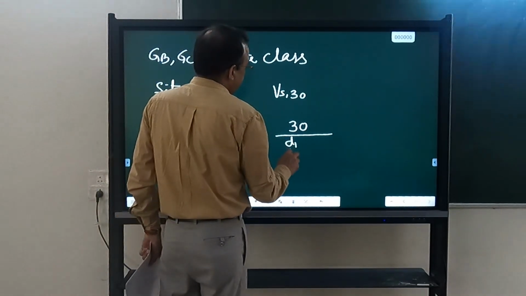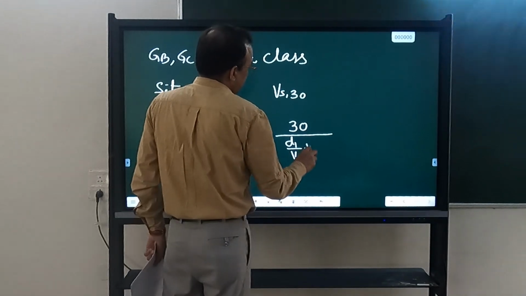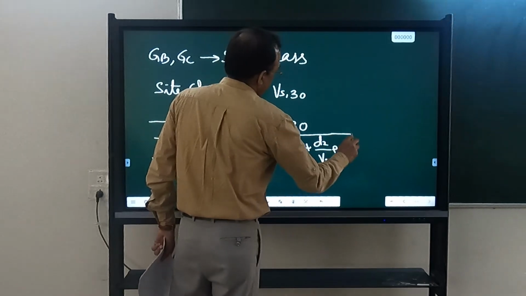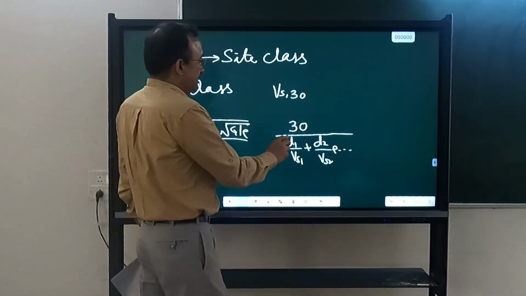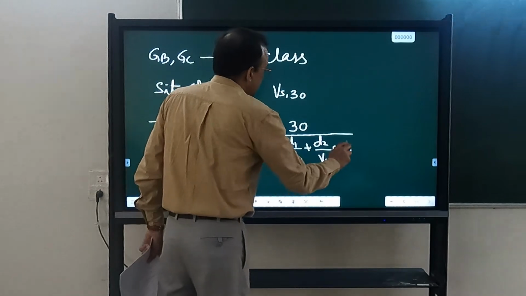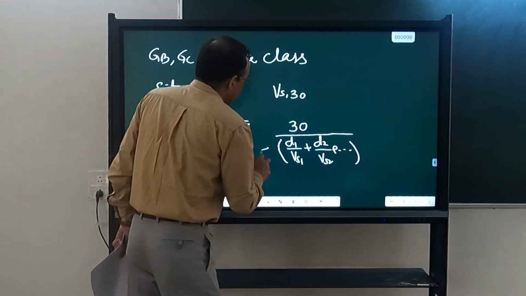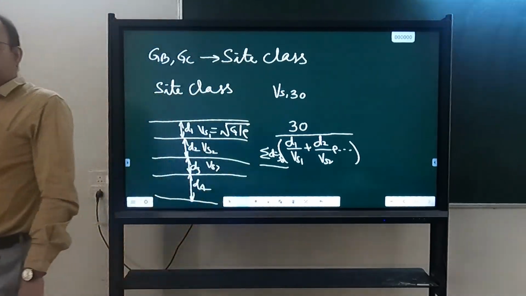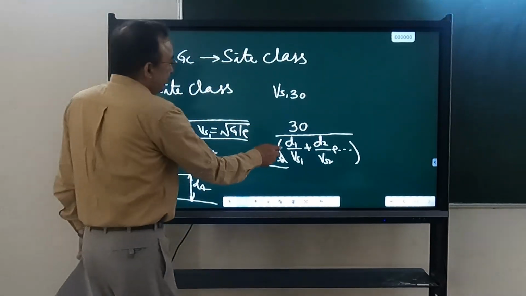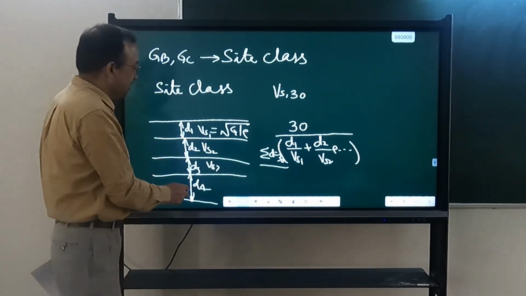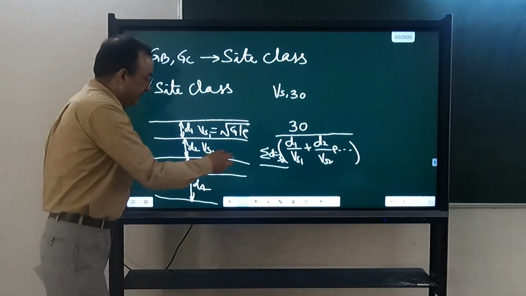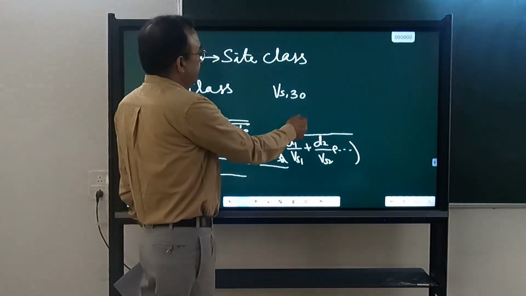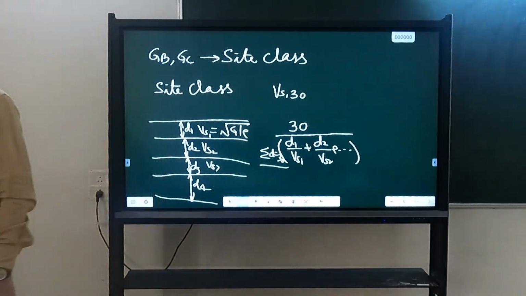In the first case it will be D1 over Vs1, in the second case D2 over Vs2, and so on, up to 30 meters, so that the summation of D is equal to 30. So you take D over Vs for each layer till a depth of 30 meters. Then 30 divided by that will give you the Vs.